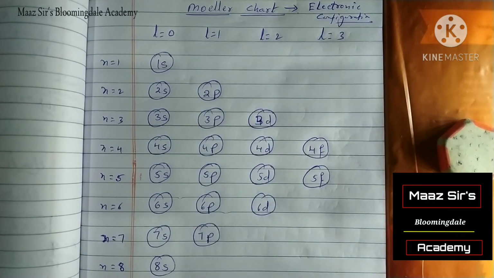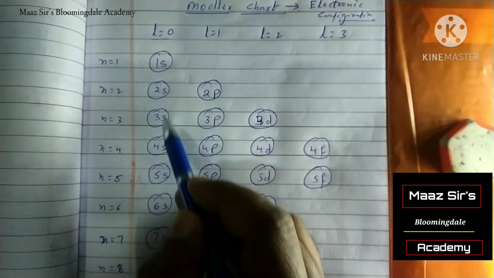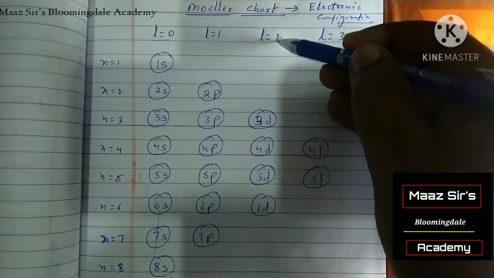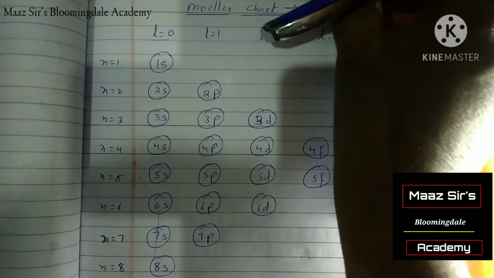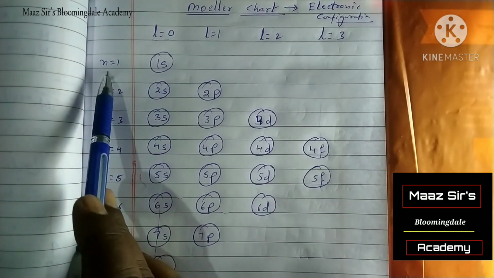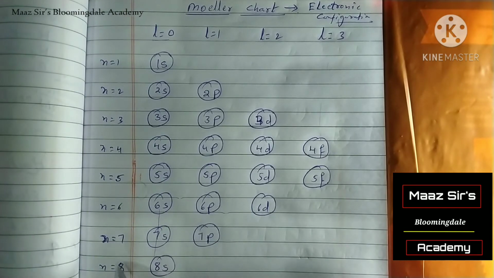In this chart you can see these are the l values for s, these are the l values for p, for d, for f. Similarly, these are the n values, that is the principal quantum number values, 2, 3, 4, 5, 6, 7, 8.